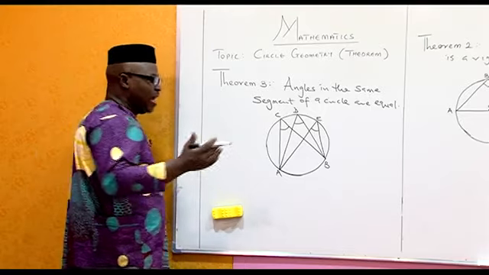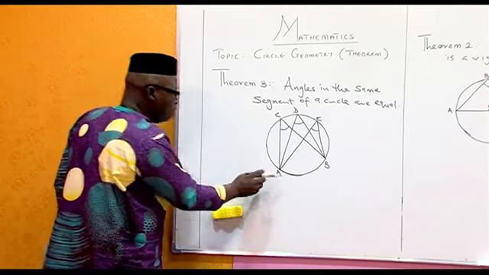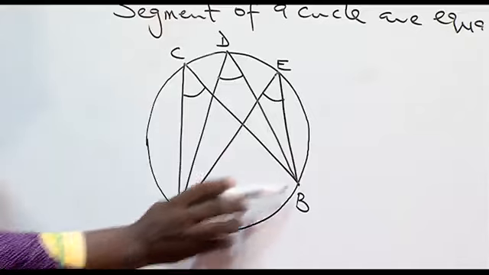How will you know maybe they are in the same segment? They are all put in place by the arc AB.